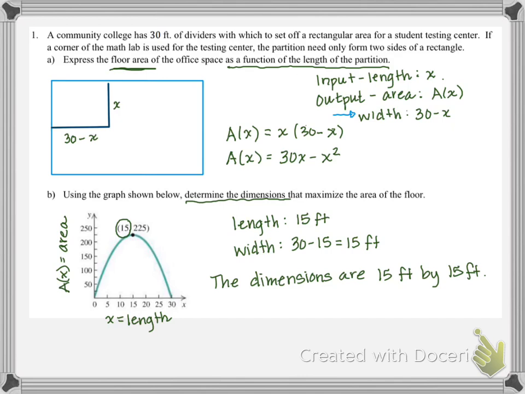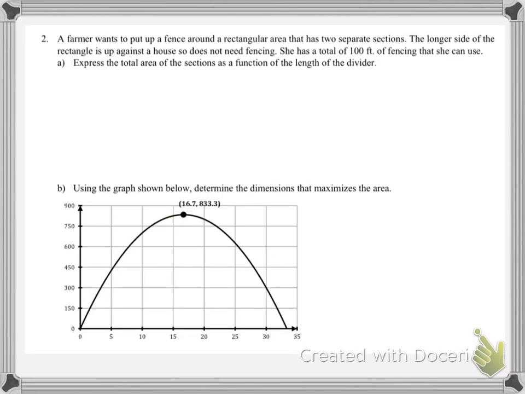So let's use this same idea to help this farmer build a fence. The farmer wants to put up a fence around a rectangular area that has 2 separate sections. One of the other keys to these application problems, especially as they get longer and more complex, is to write things down as you go.